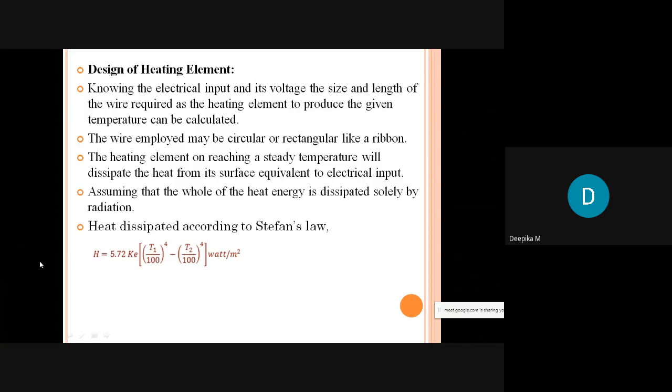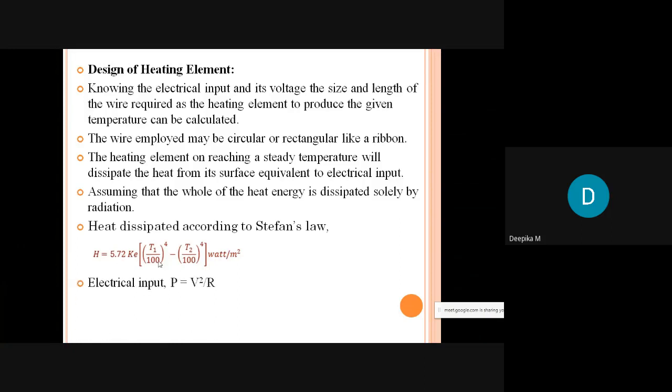According to Stefan's law, we can write heat dissipated equals 5.72 into K into E, into (T1 by 100) to the power of 4 minus (T2 by 100) to the power of 4, watt per meter square, where K is the constant, E is the emissivity factor, and T1 and T2 are the absolute temperatures, that is at 0 degrees Celsius and at the particular temperature we are going to take. This is Stefan's law.